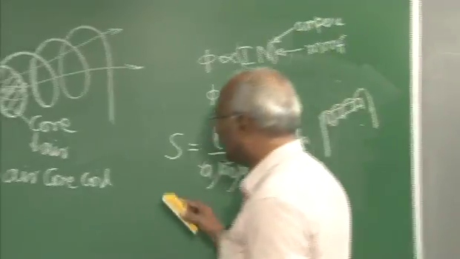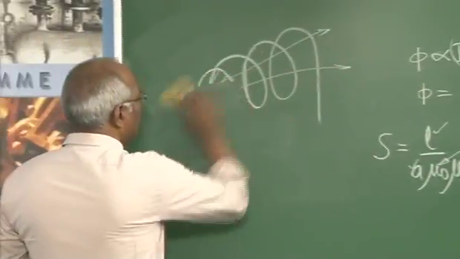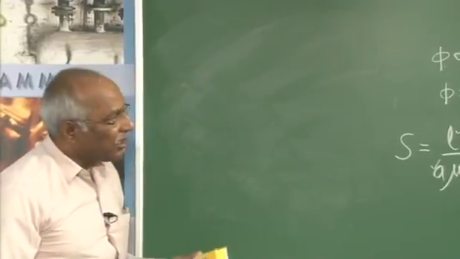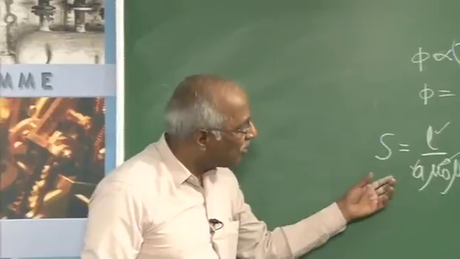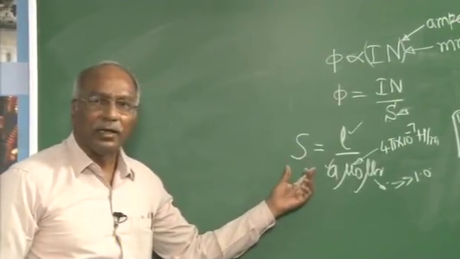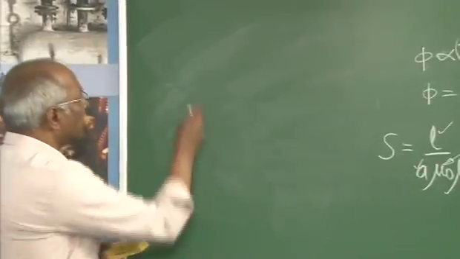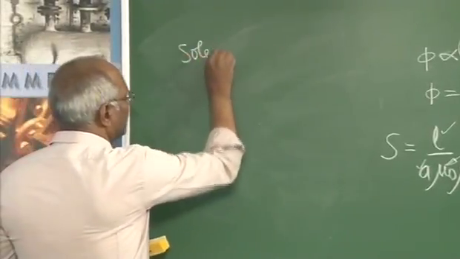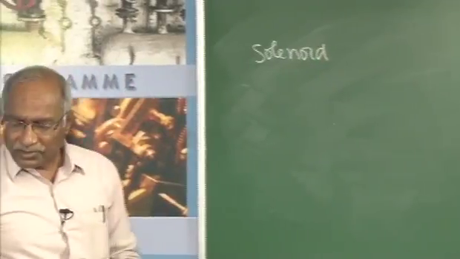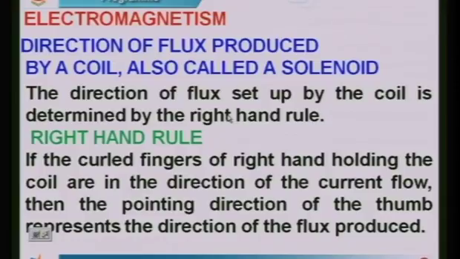With this, what will be the direction of the flux produced by the coil, or generally called the solenoid? In that respect, we can have a look at this.